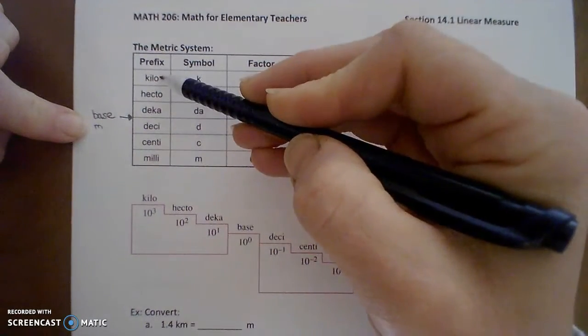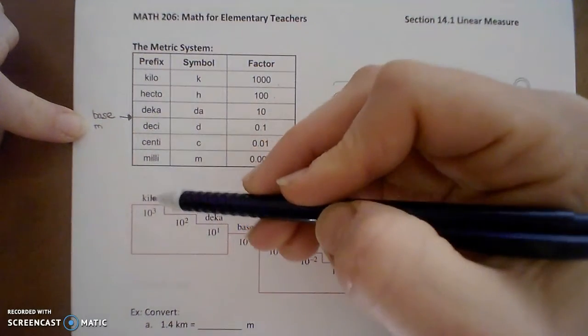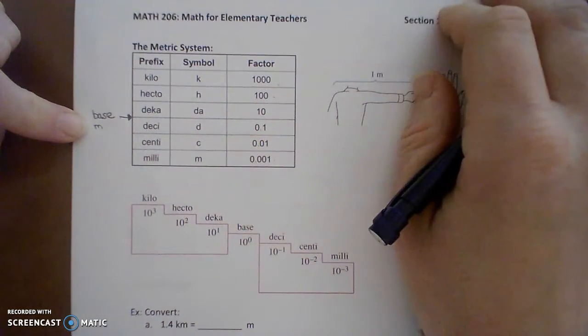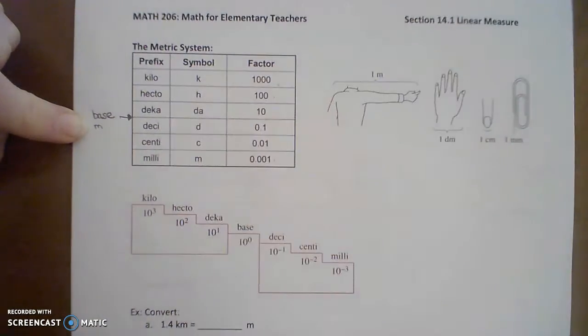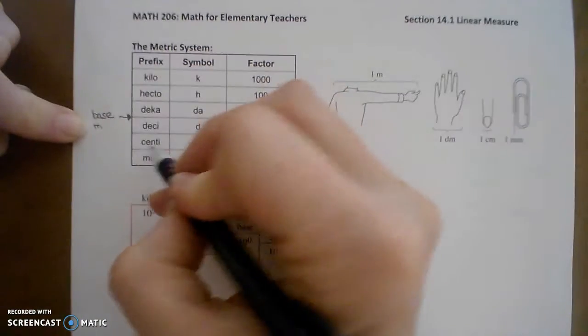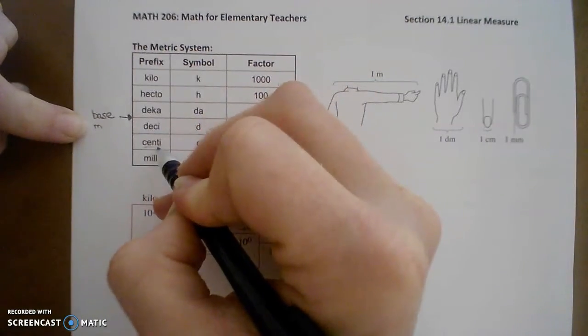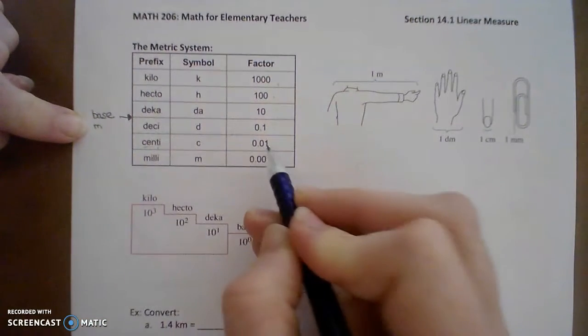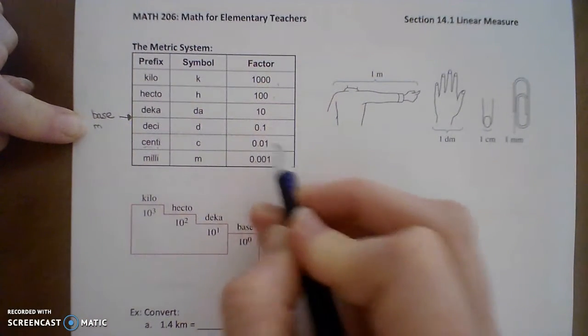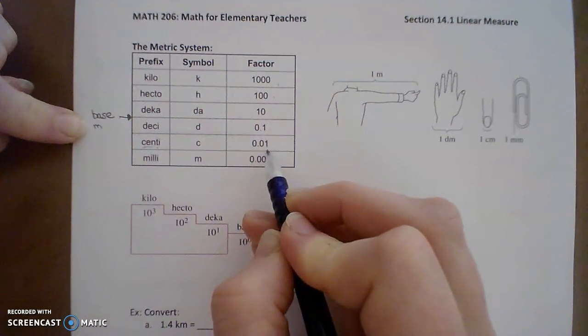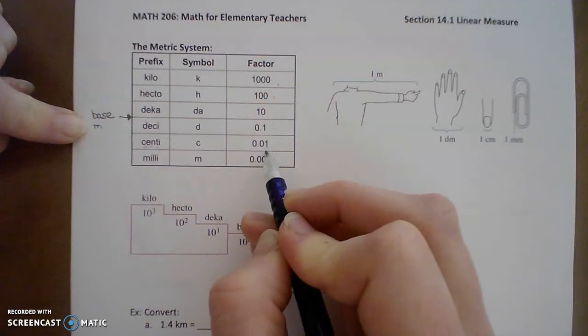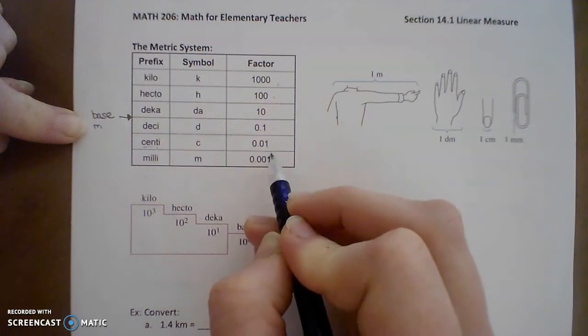And all of these root words you see in other areas as well. So think of cent. That root word cent actually means 100. So this is 1/100th, and this looks like 1 cent as well, right? Because 1 cent is 1/100th of a dollar.